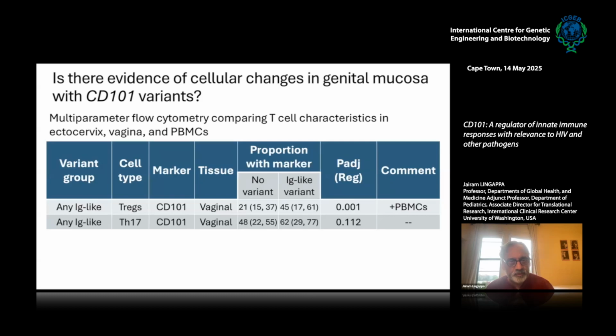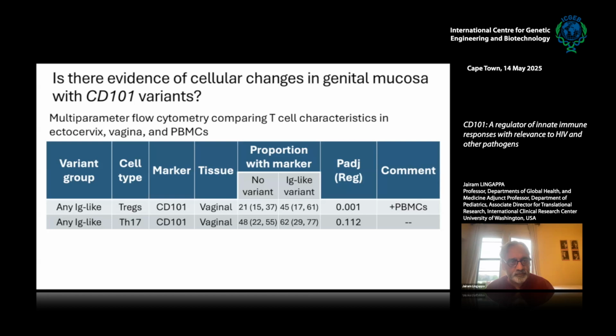In addition, we used these samples to answer the question of whether there's evidence of cellular changes in the genital mucosa with CD101 variants. And this is with biopsies from the ectocervix and vaginal mucosa, as well as comparing to PBMCs.